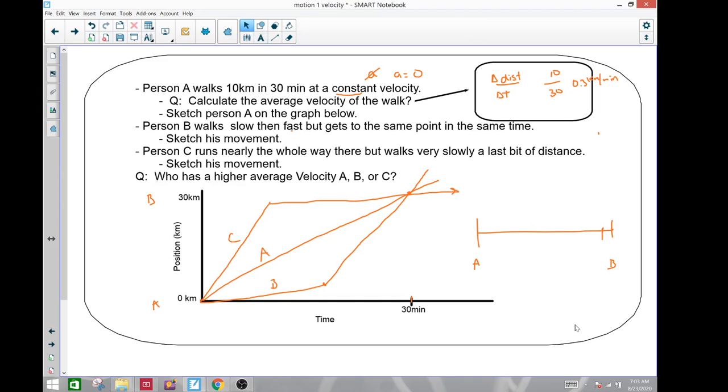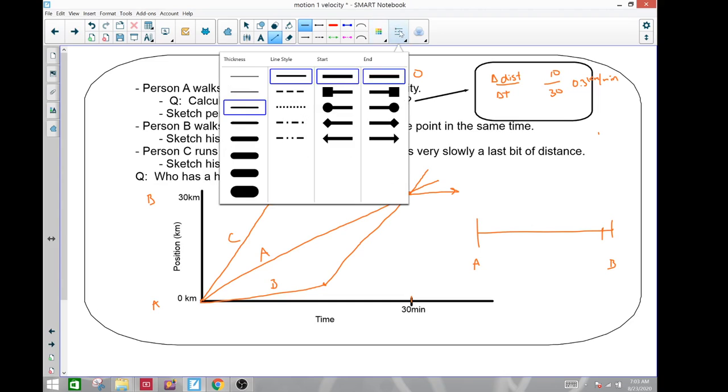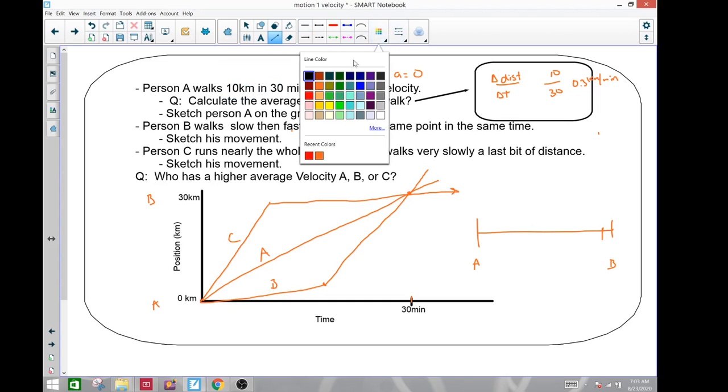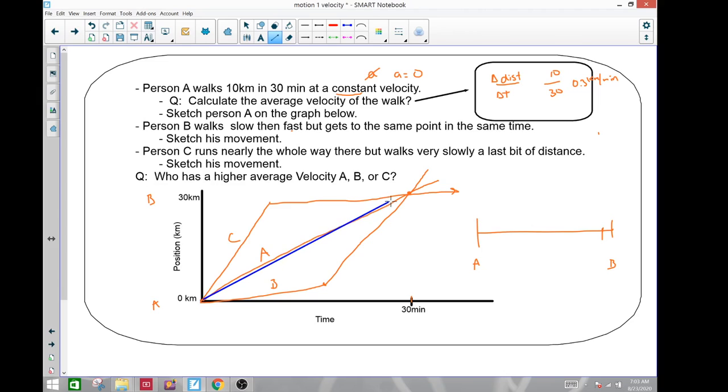Now again, think about this. What was our method for finding velocity? We take our line, and let's do a different color. Start at the beginning and go to the end.